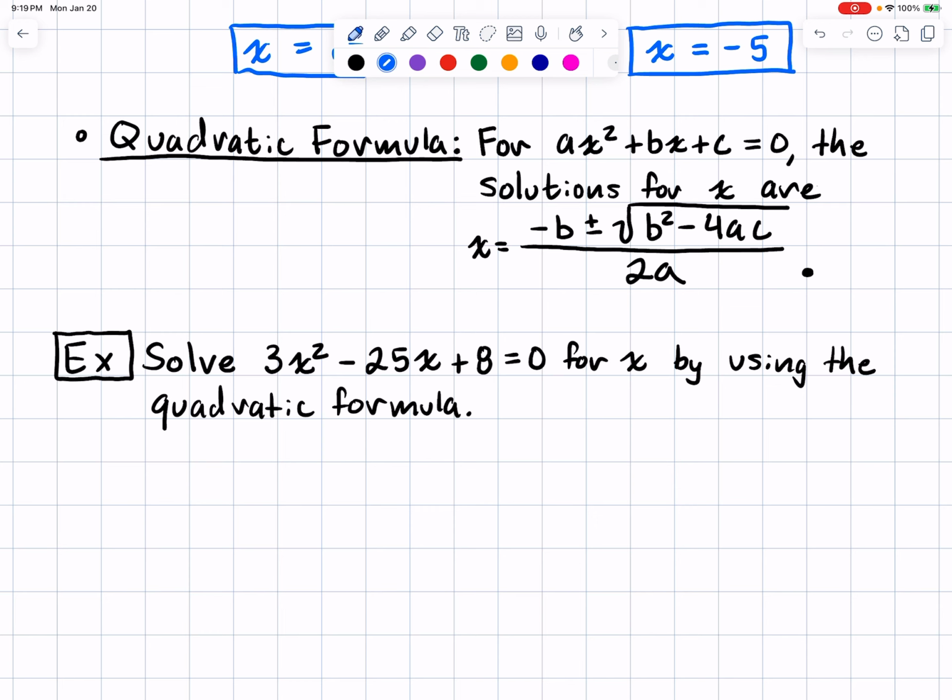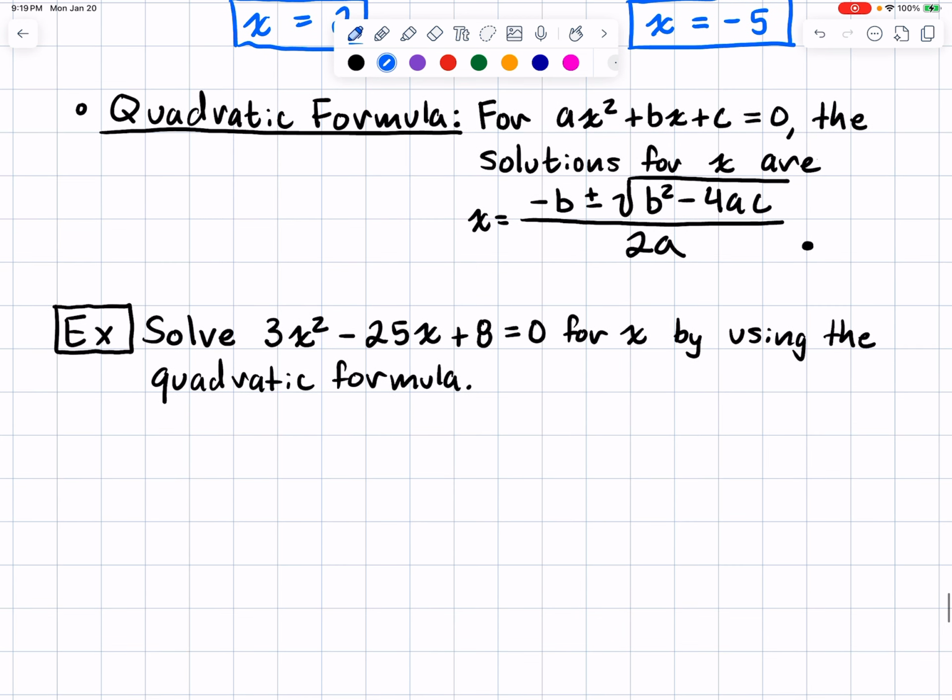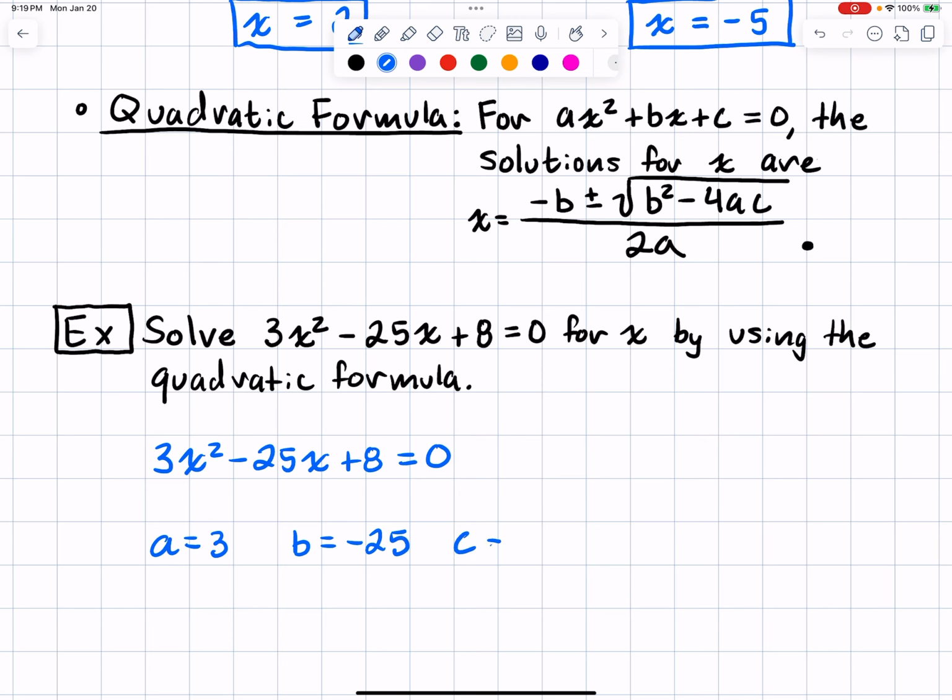All right, so I'm just going to rewrite the equation here. So I have 3x squared minus 25x plus 8 equals 0. So first thing we want to do is figure out what a is, what b is, what c is, since that's what's important for up here. So a is 3, b is negative 25, and c is 8.